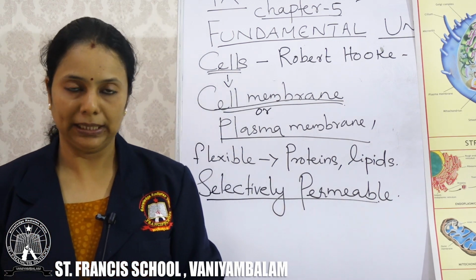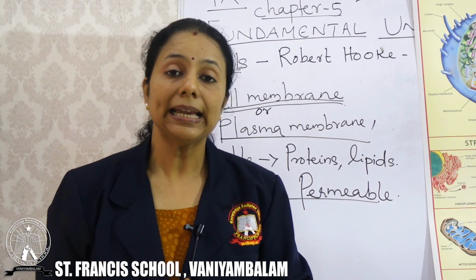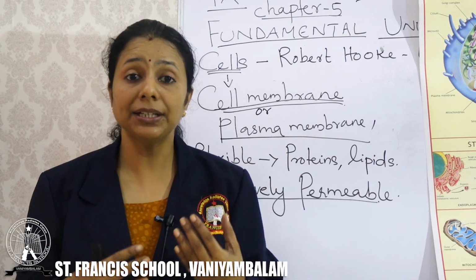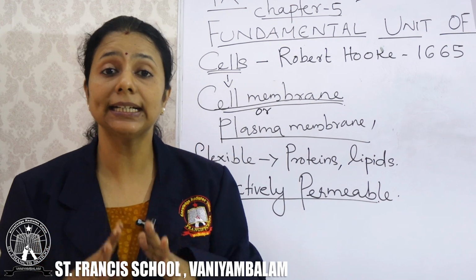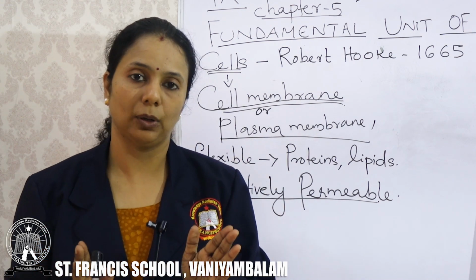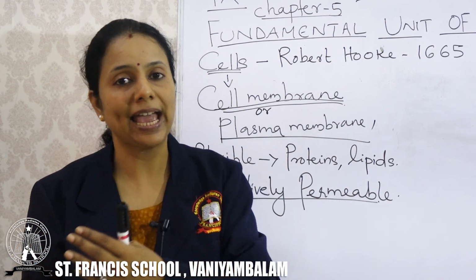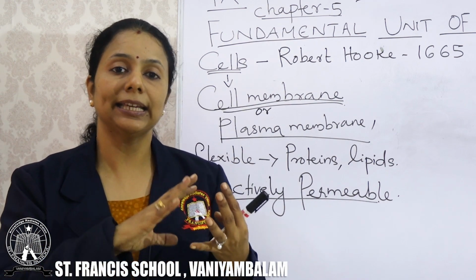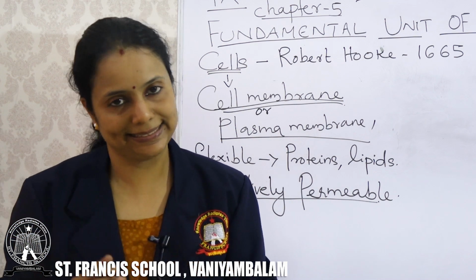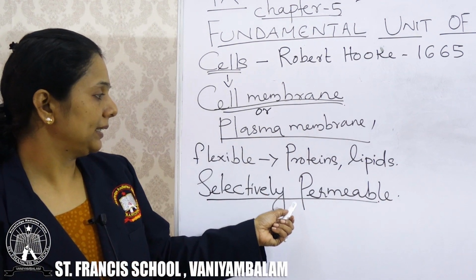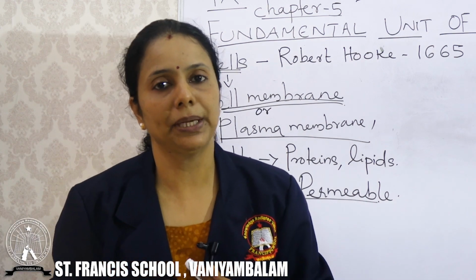Selectively permeable means the plasma membrane allows the entry and exit of certain materials only. Okay, so it selects the things which have to enter or the things to go out of the cell. Clear? So that is why the plasma membrane is called a selectively permeable membrane.